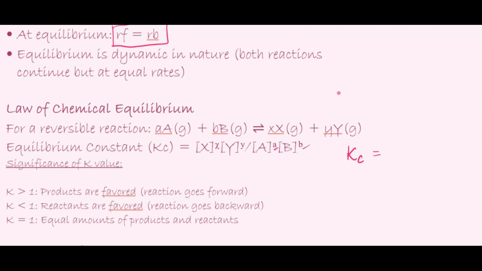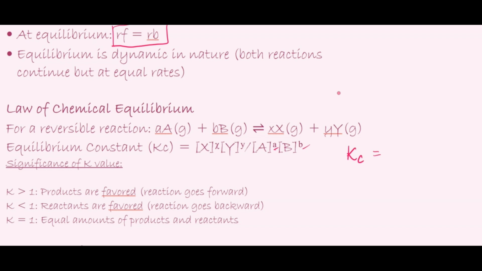So why do we need to know this? What is the importance of knowing the Kc or any equilibrium constant? Because if the equilibrium constant is more than 1, then the law of equilibrium says the products are favored. It goes in the forward direction. If the K value is less than 1, then the reaction is favored in the backward direction, so more reactants will be formed.